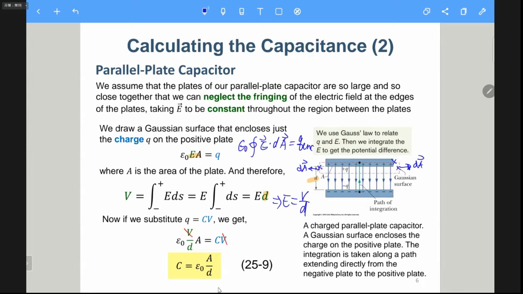So this is the expression for the capacitance of a parallel plate capacitor: C equals epsilon naught A over d. Epsilon naught is a constant, 8.85 times 10 to the minus 12. A is the surface area of the plates, and d is the distance between the two plates.